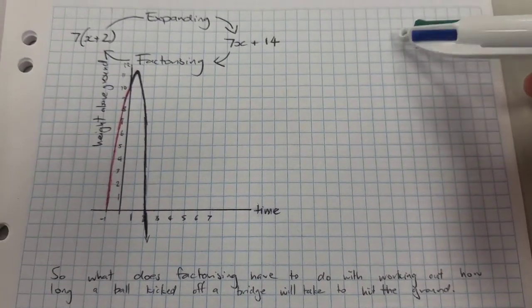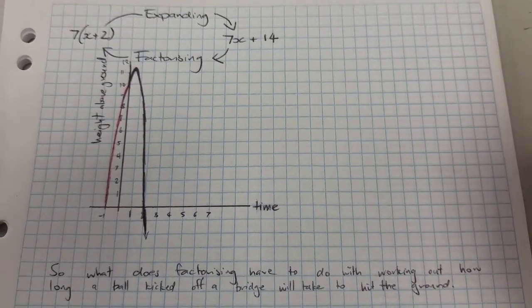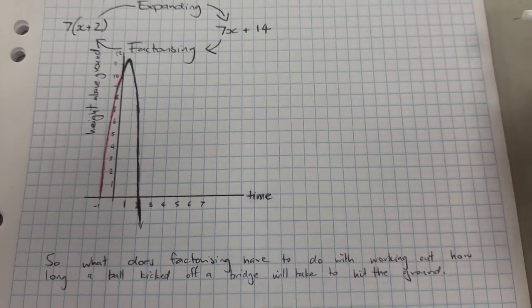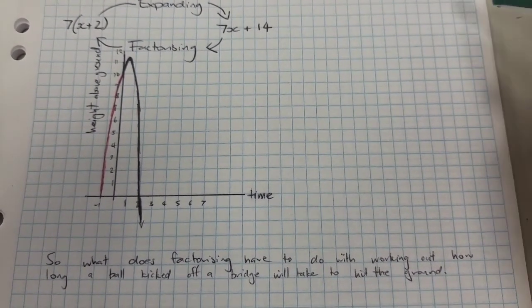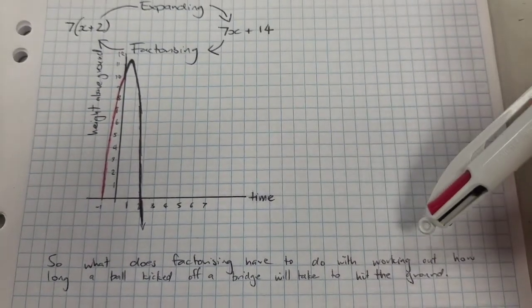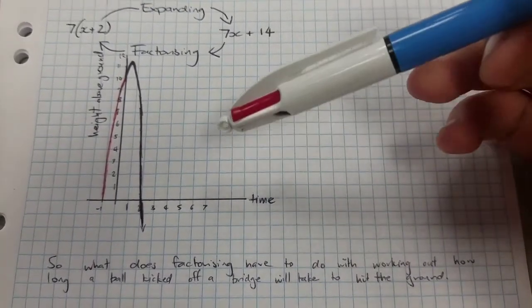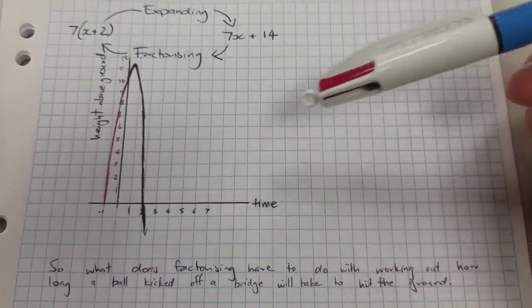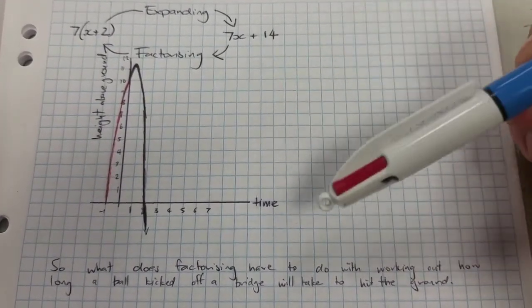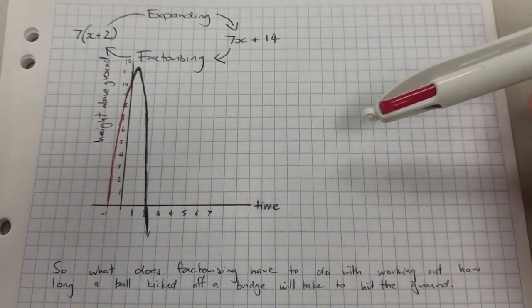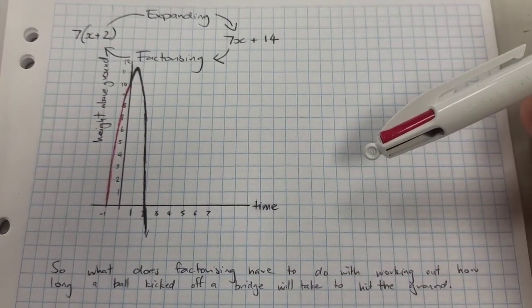And I guess one way to use this kind of mathematics is to talk about movement of projectiles. And factorising, in fact, has something to do with working out how long a ball kicked off a bridge will take to hit the ground. So if you can factorise an expression, that will actually tell you some information about how long a ball takes to hit the ground.